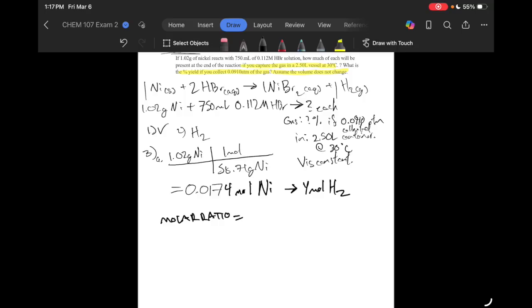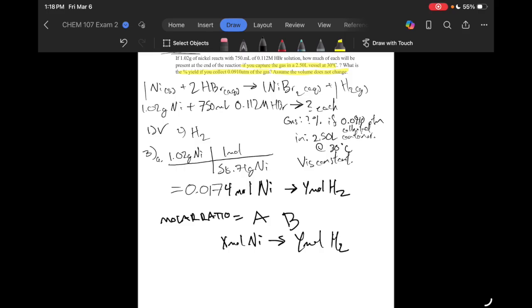Assuming you have a balanced chemical formula, which we do, the molar ratio between substance A and substance B is going to be the coefficient of the substance in the balanced formula. For example, nickel: we have X moles of nickel, and we want to convert that to Y moles of H2.